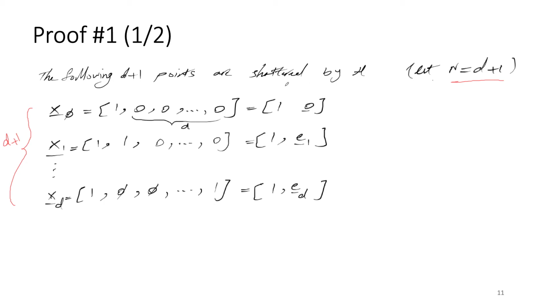Each of the y values is like y1 and 0, or other variables, which we call here e1 up to ed, right? So these are our points in a binary classification, and we have d plus 1 of those, starting from 0 to d, right?